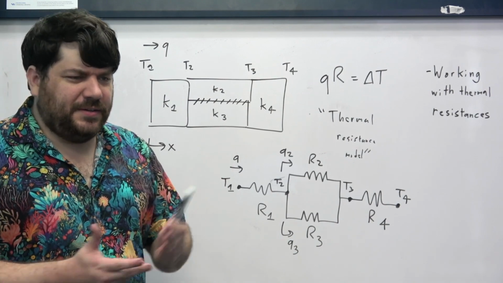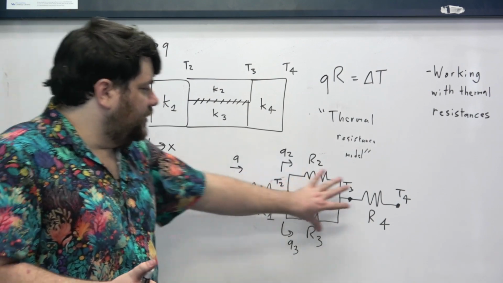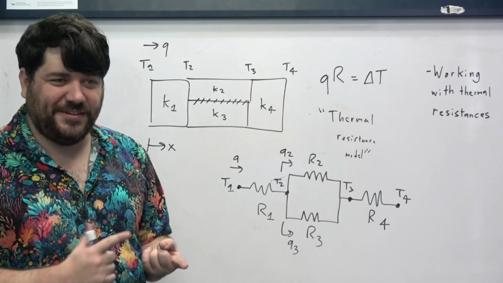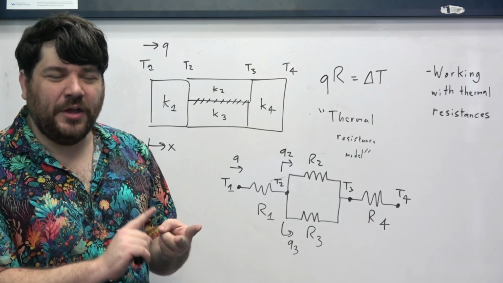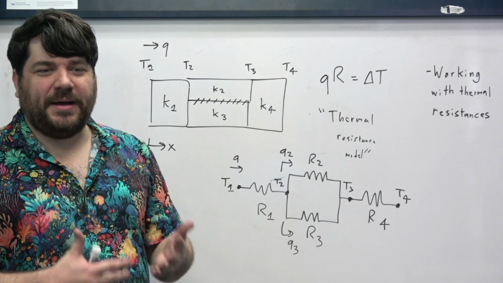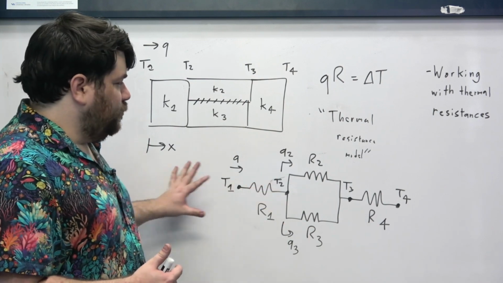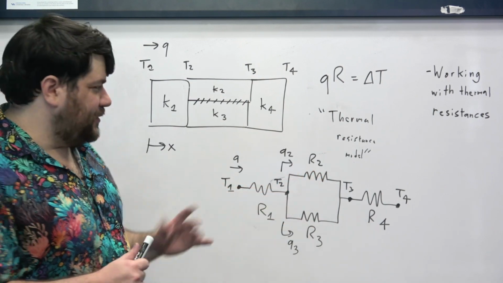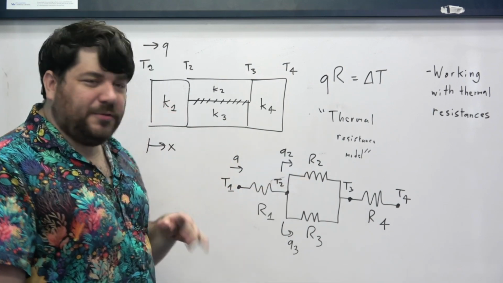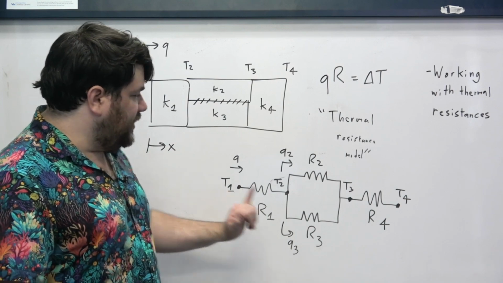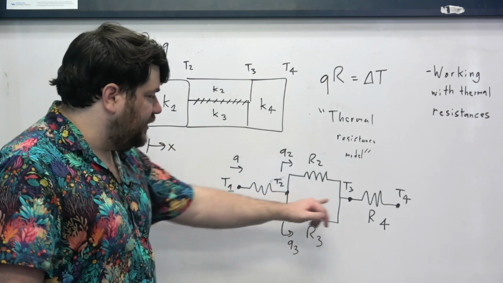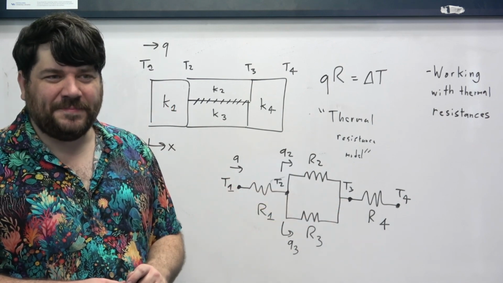So now that we've described these two different setups of ways that thermal resistances can be connected, all right? They can be connected in series or in parallel. How do we figure out things about these systems without necessarily having to worry about knowing everything in between? So for example, if I wanted to figure out what the relationship between T1 and T4 was, right? Could I find that without having to find T2 or T3?